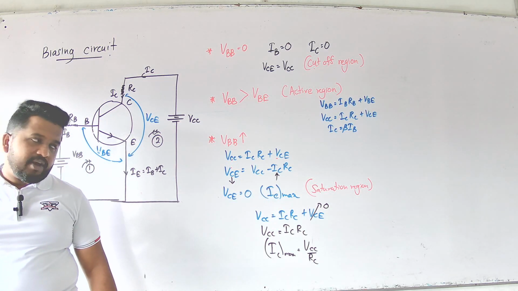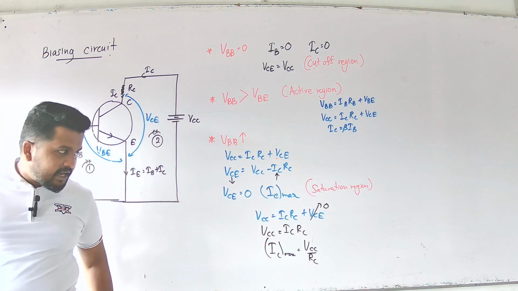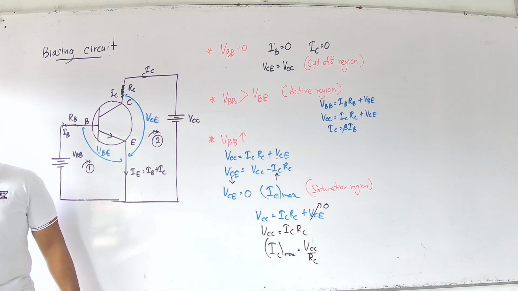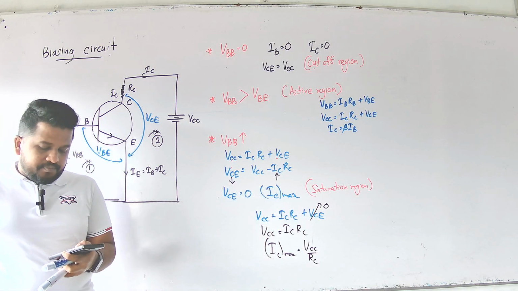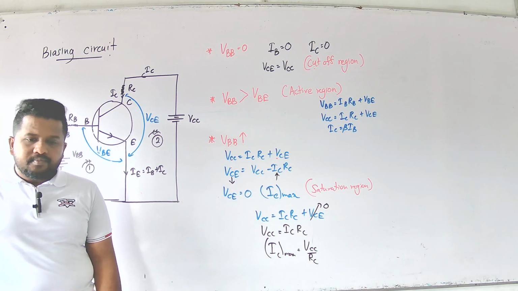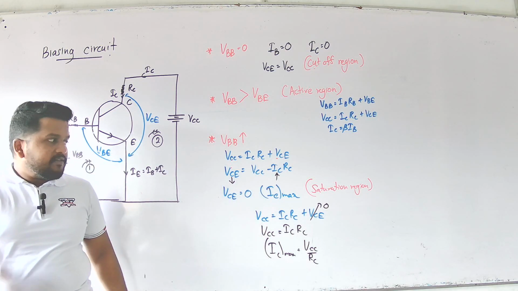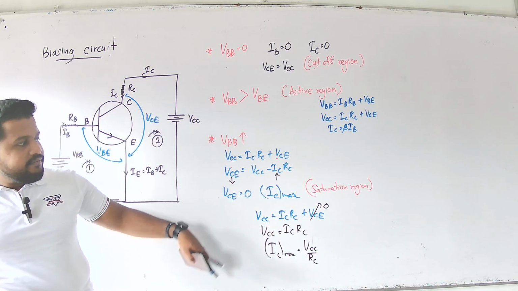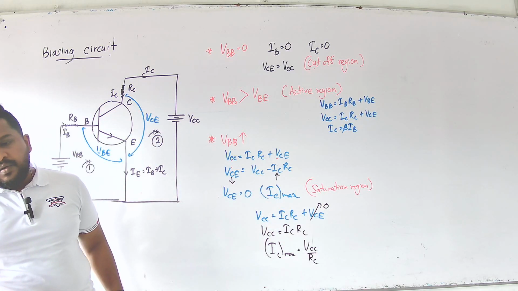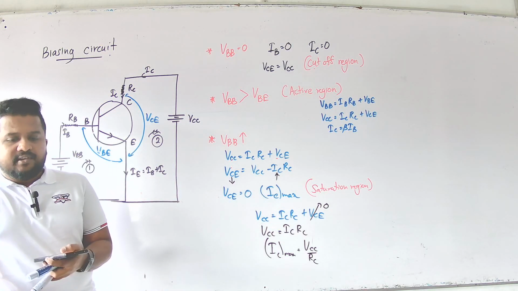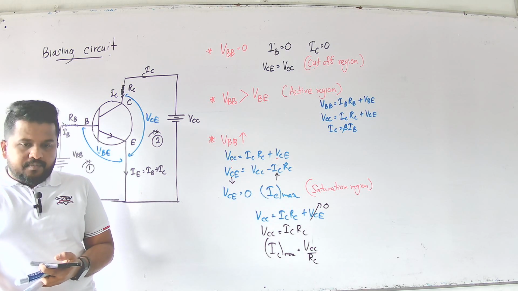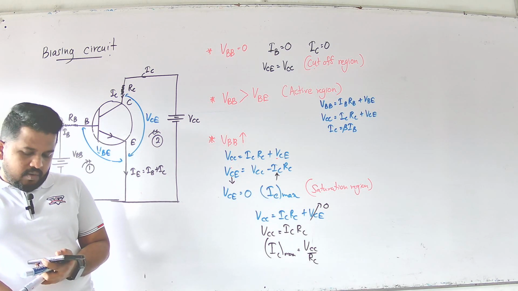IC max is VCC over RC. That's not changed. VCE always 0.